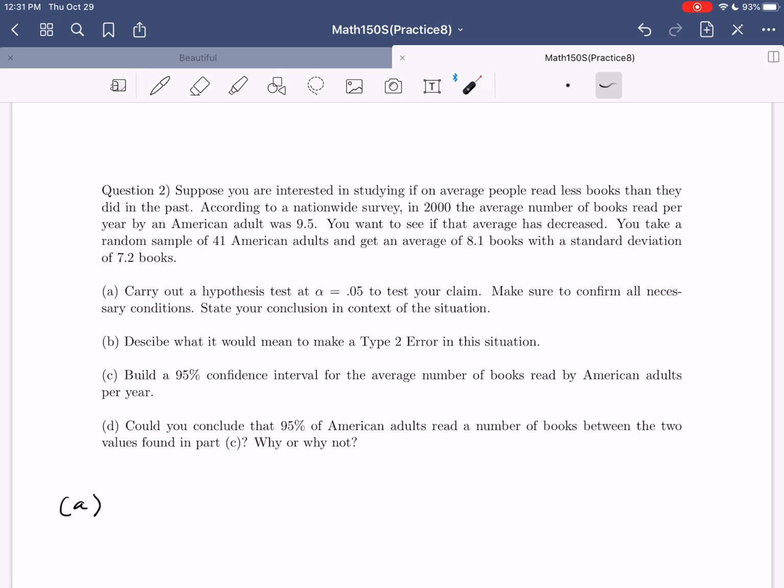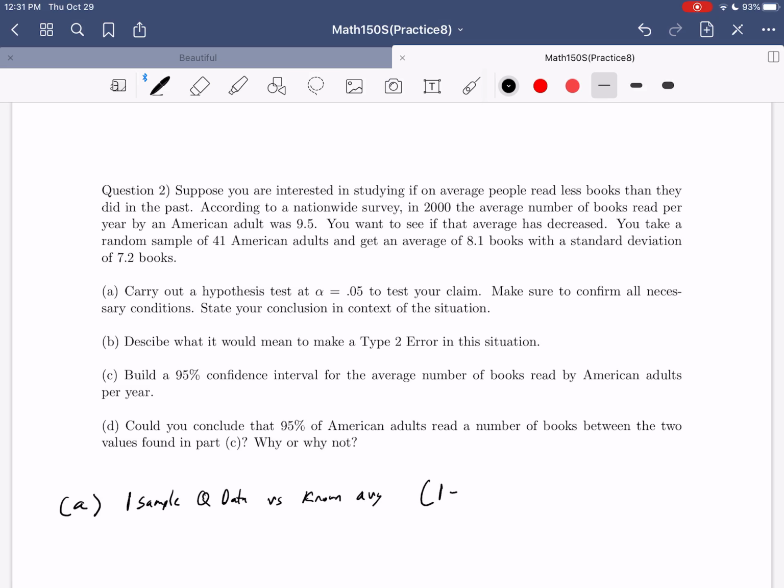Also, notice that we only have a single sample. Right? We have a single sample of 41 American adults. So we're doing a single sample against a known or assumed average. And of course, that known or assumed average is the average that's coming from the year 2000. So we have one sample, quantitative data, versus a known average.